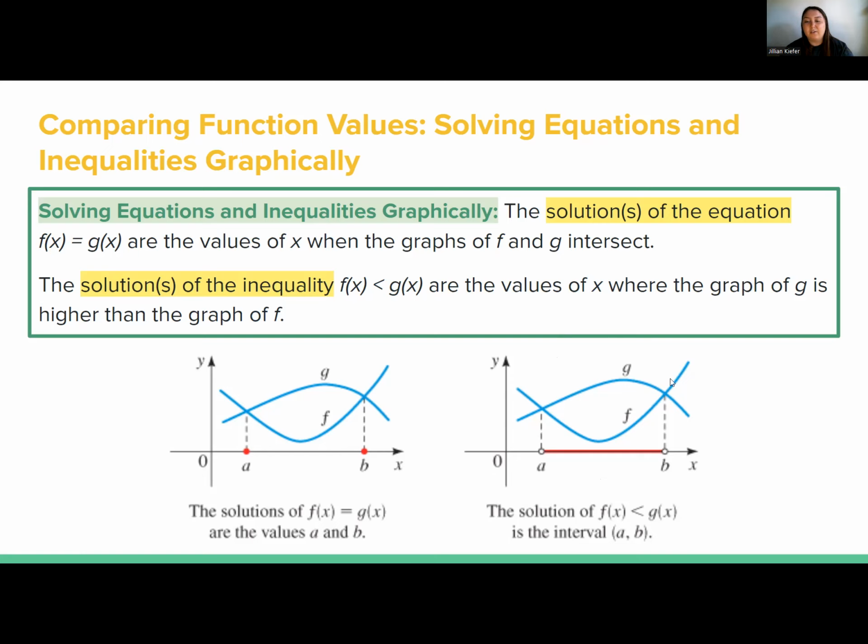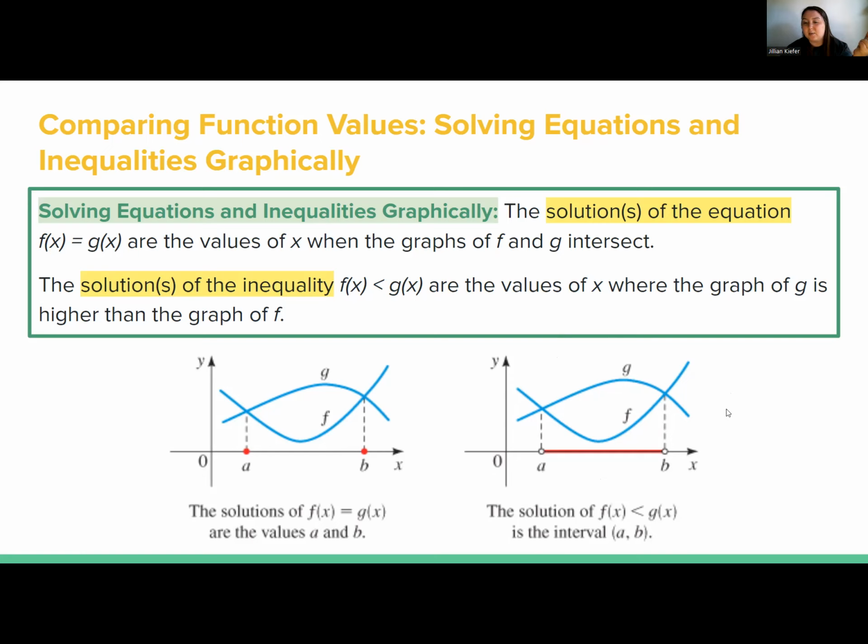We have the values of a and b again. We know these are when they're equal, but we want to know when is f less than g. If we want to know when f is less than g, we are specifically looking at when the graph of f is below g.